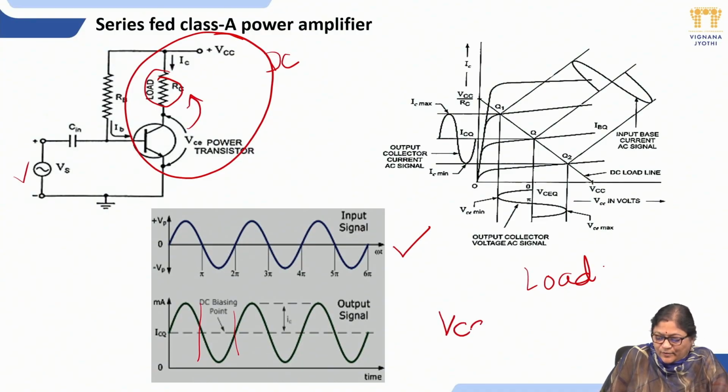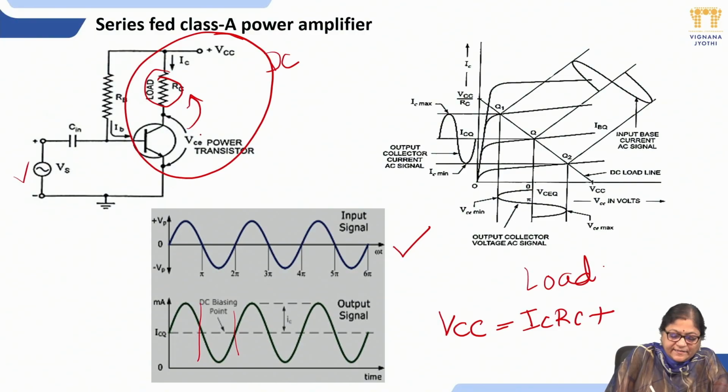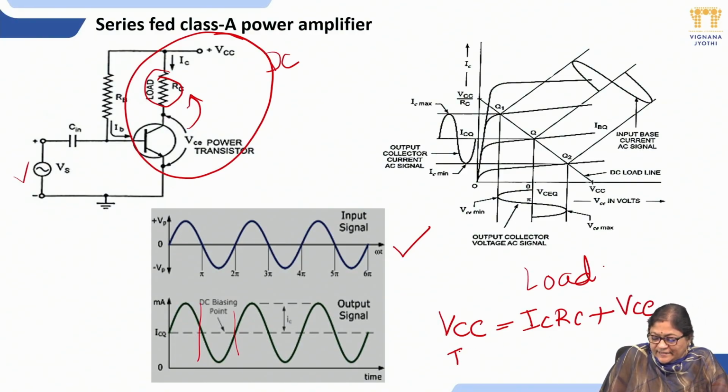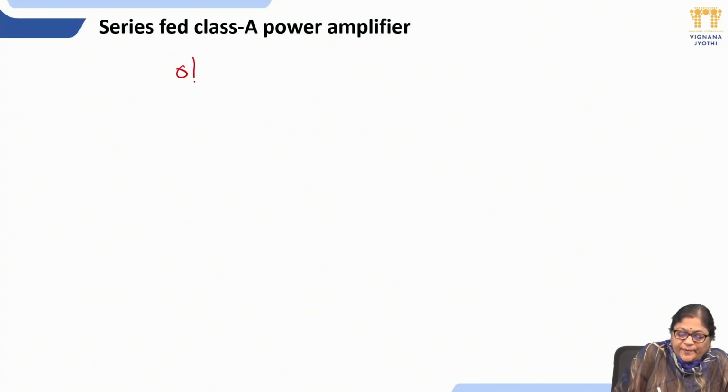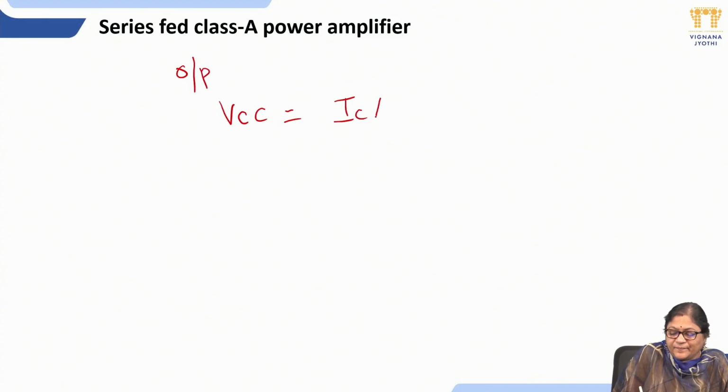The output loop equation will be VCC = IC RC + VCE. From this, IC = (VCC - VCE) / RC. So I require the load line, I have to draw it.